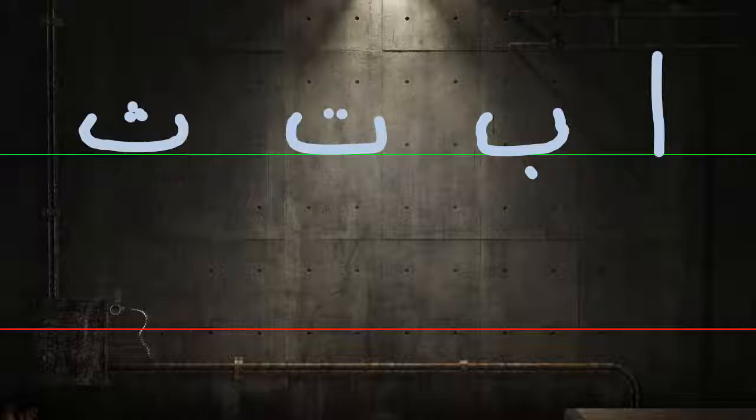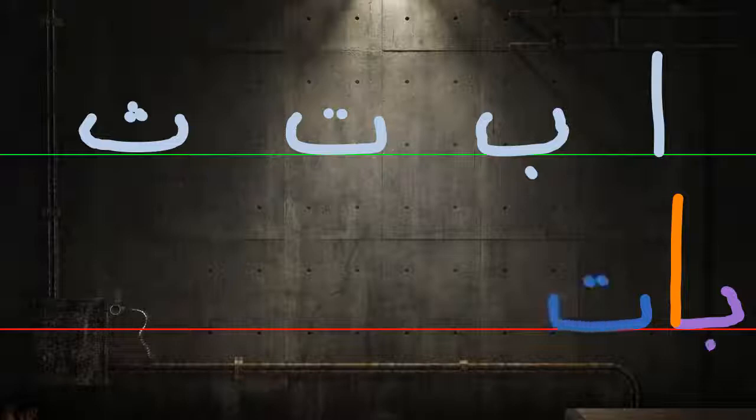Let's try to read these 3 words. Here's the first word, Ba, A, Alif, T, Ta. We read it bat, exactly. Now the second word, the first letter is Tha, Th. The second letter is Alif, A, and the third letter is Ba. So how can we read it?